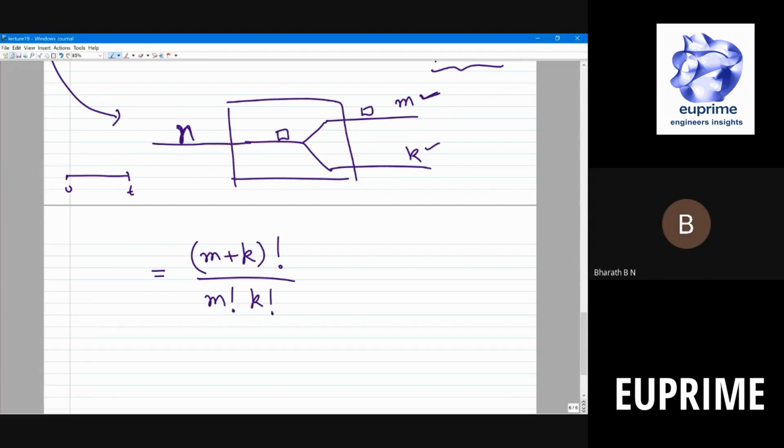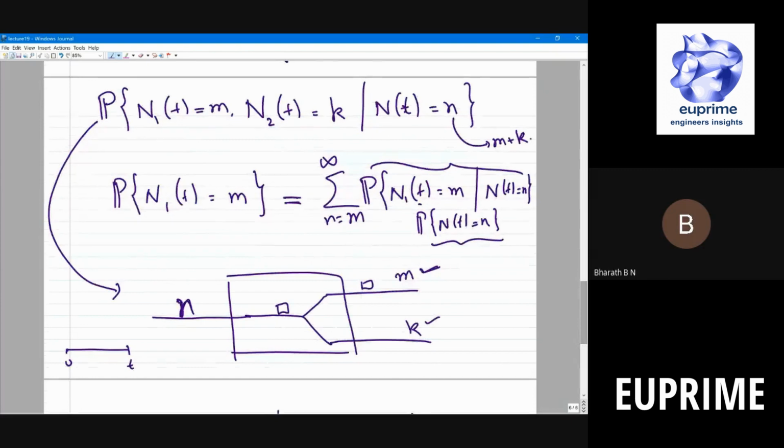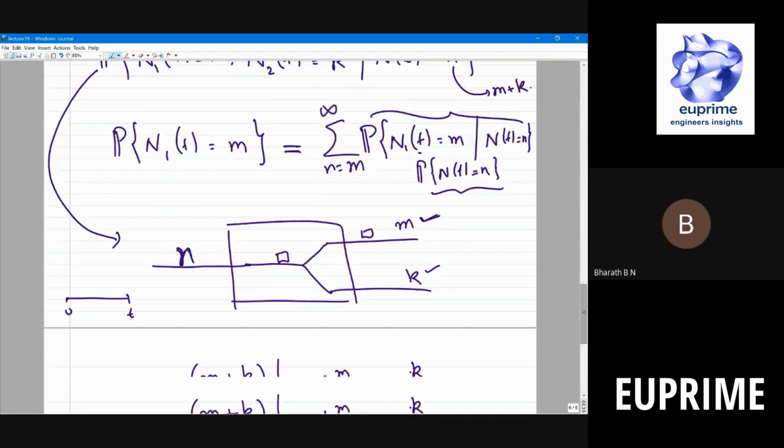This is m plus k choose m, times p to the power m, 1 minus p to the power n minus m, which is k. Is this fine? Are all of you okay with this? Yes, sir. Do you agree?